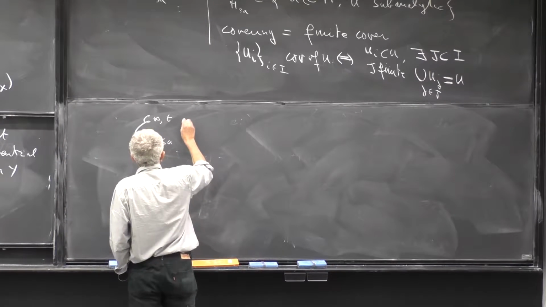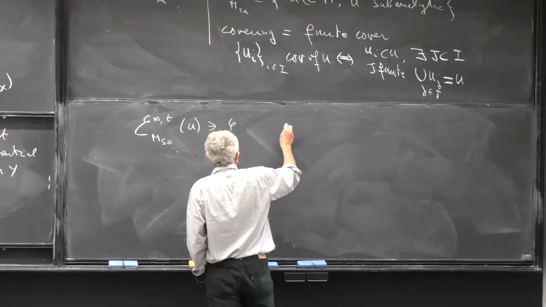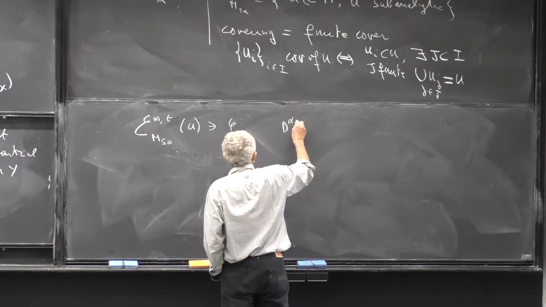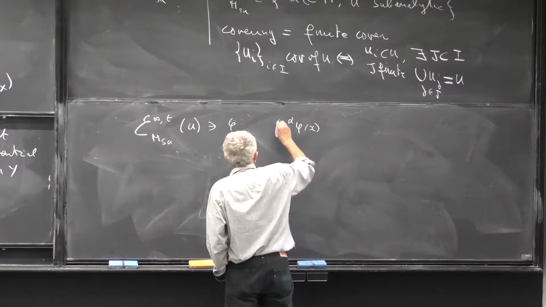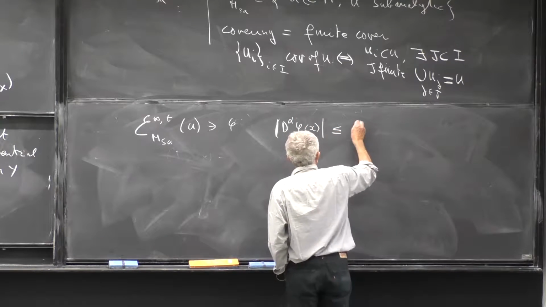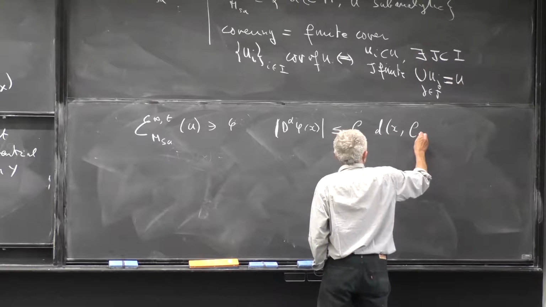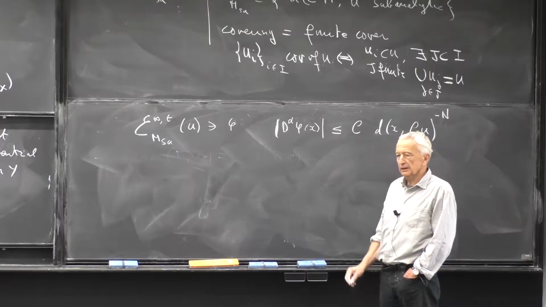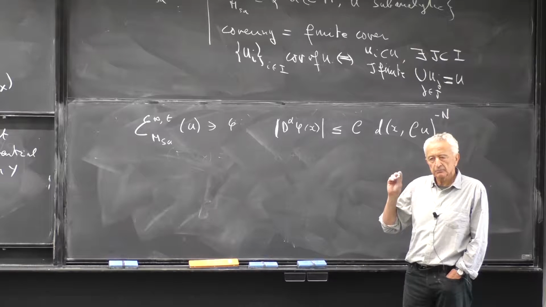So it means, on an open set U, that the d alpha phi of X, for each alpha in a local chart, is bounded by some constant times the distance of x to the complementary of U to some power. Okay?